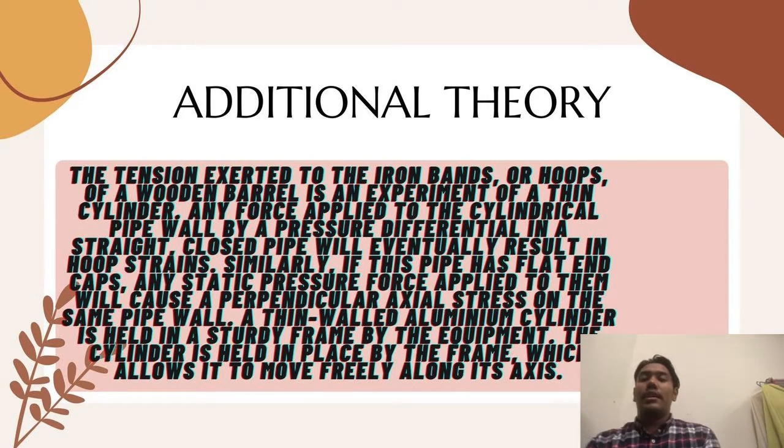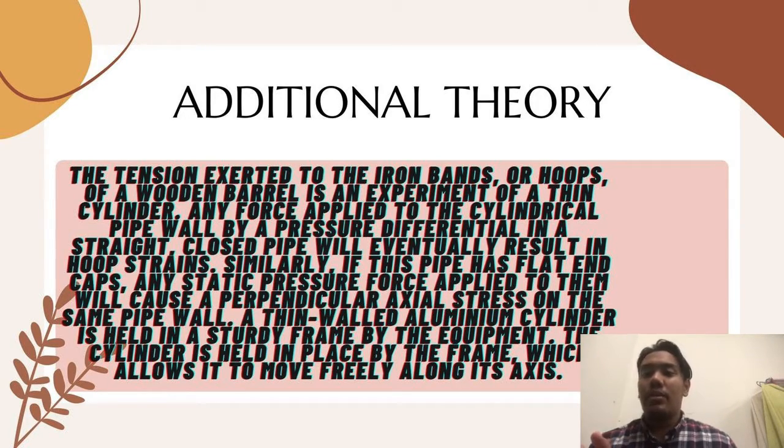My matrix number is AA200241. So today I will talk about the additional theory of the experiment, which is the thin cylinder. The tension exerted on the iron bands or hoops of a wooden barrel is an example of a thin cylinder.